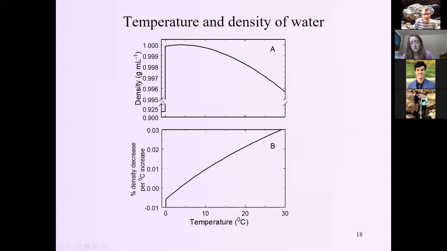So there's this break in this graph right here, and all of a sudden we're jumping a whole bunch of units. And then we're right down here, much less dense than water is at any temperature, even almost all the way up to boiling. So what is that? What's happening at 0 degrees that's leading water to become much less dense? The freezing.